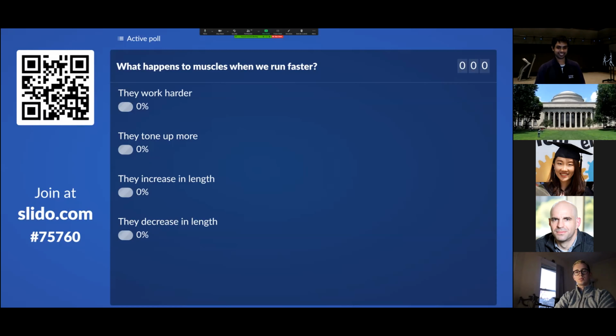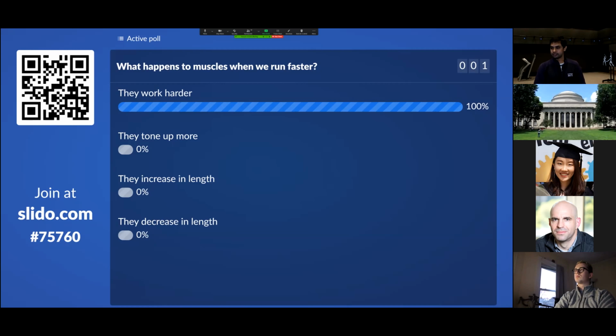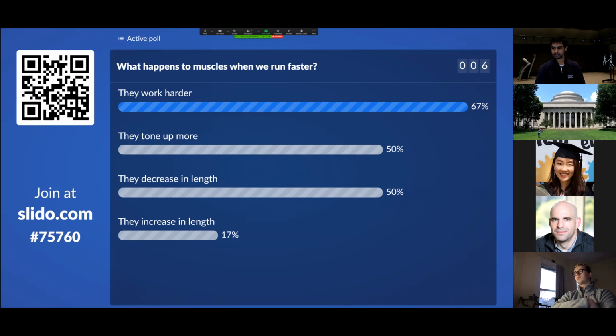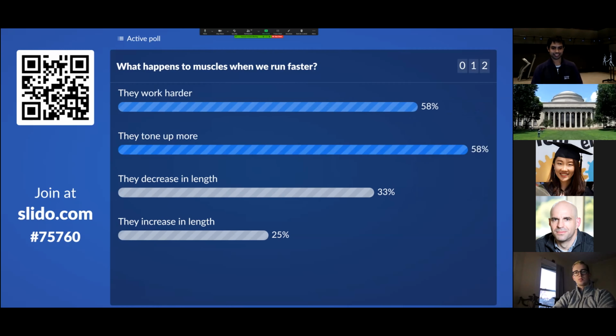Please go to your Slido tab. I like this real-time update.